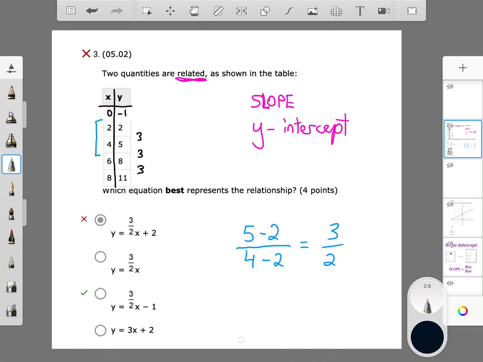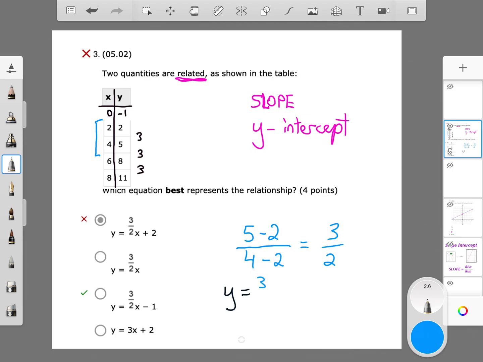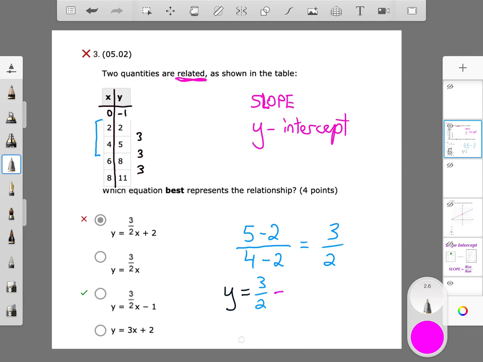So we have an equation of y is the same as 3 over 2 x minus 1. And I've done it in the same colors, right? That's my y-intercept. And the 3 over 2 is my slope.